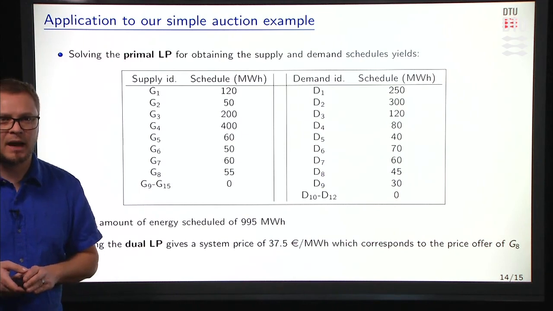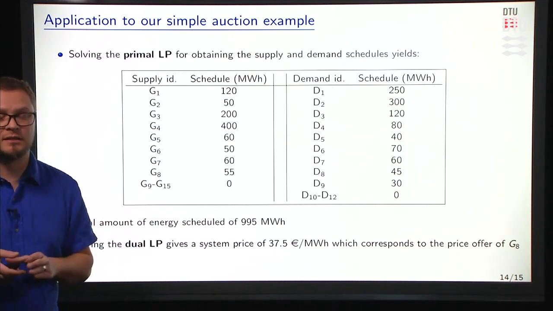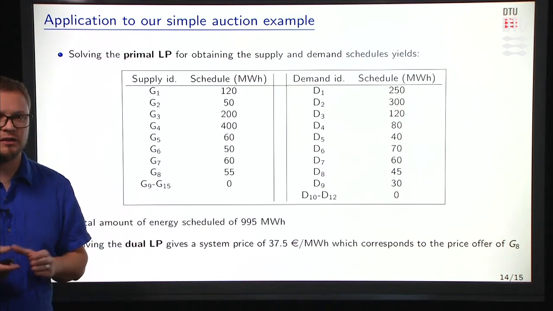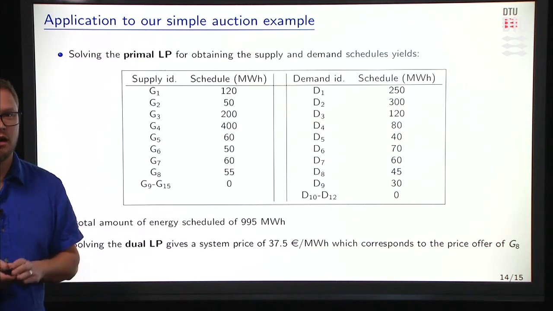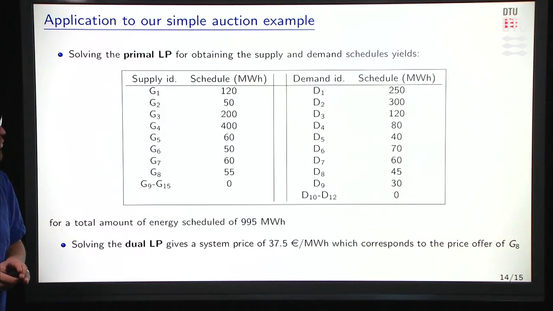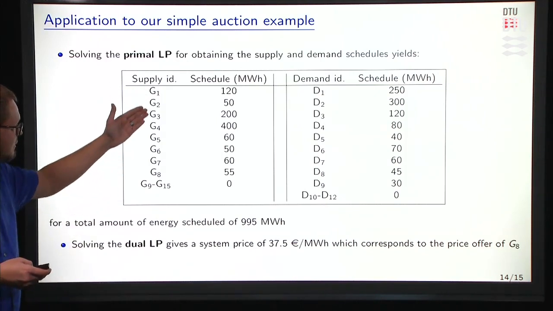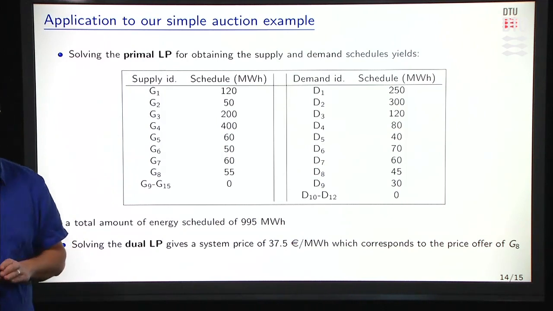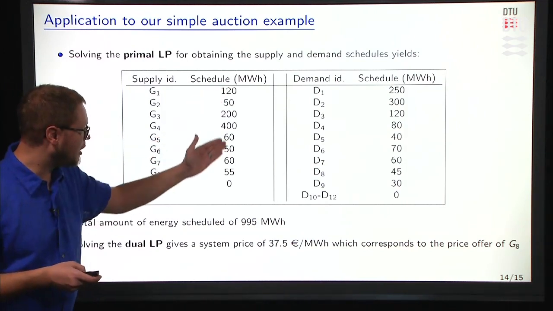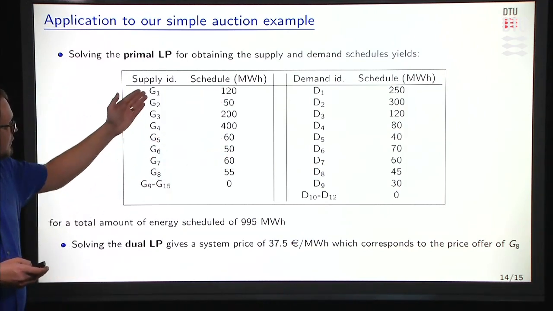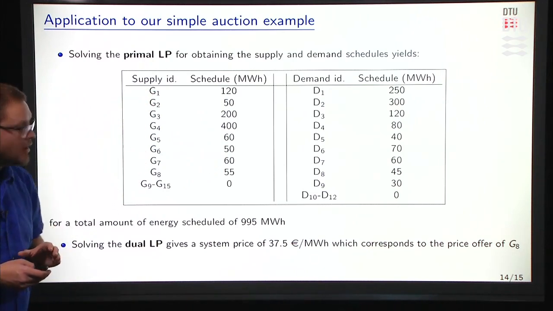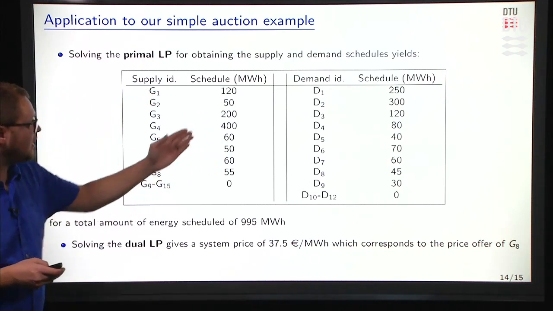Eventually, we want to apply all this optimization strategy that I just described to clear our market example. When we solve the primal LP for this auction example, here is the list of the suppliers that are scheduled and their amount. You can notice that the first 7 supply offers are fully scheduled.